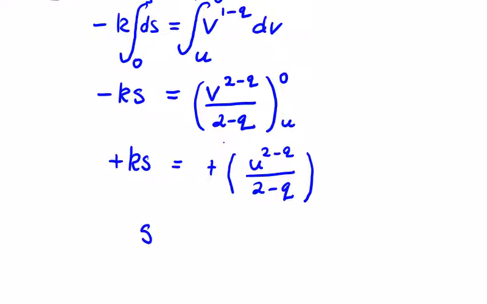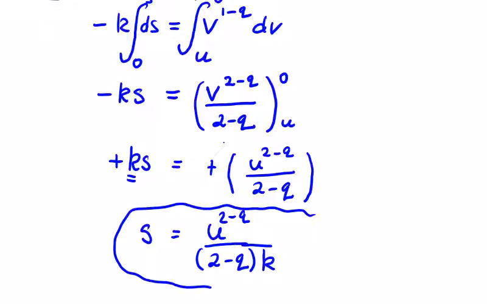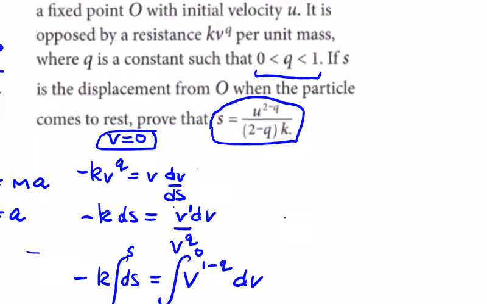So we're going to get displacement to be u to the power of 2 minus q over 2 minus q, and we're going to have to divide by k. So that's what displacement is, u to the power of 2 minus q over (2 minus q) times k. That's the end of this question.